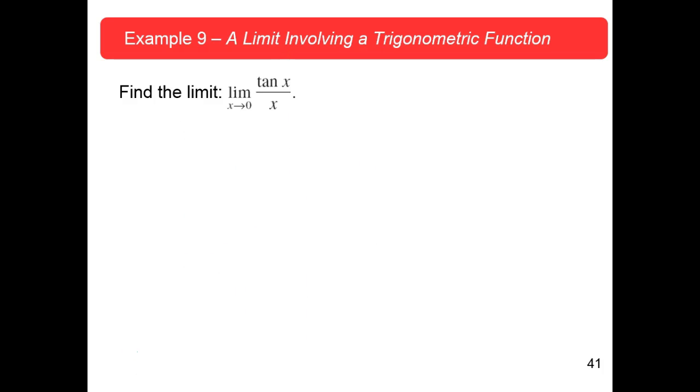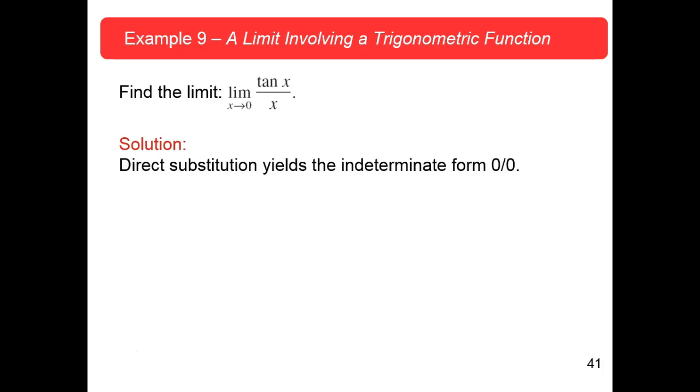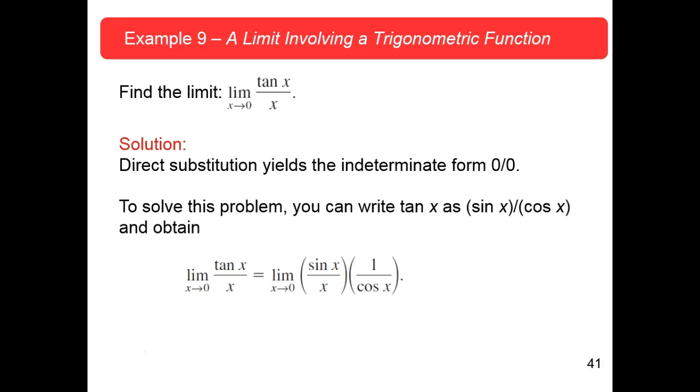Okay, how are we going to do this? Let's see how they do it. I bet you they factor first. Direct substitution yields the indeterminate form 0 over 0. So that means you investigate further. And by doing this, we can rewrite tangent as sine over cosine. Okay? And 1 over x is 1 over x, but then flip the cosine into the denominator, because they're both in the denominator.